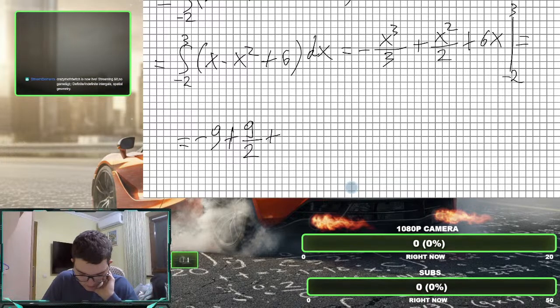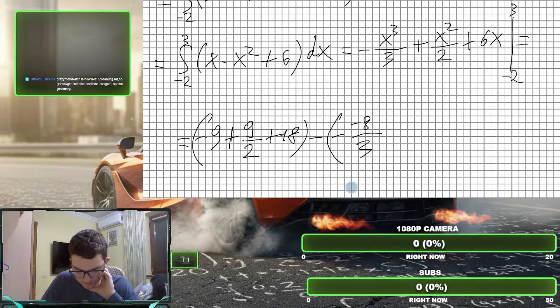There it's plus 18. And all of this minus there, once again a minus. So minus again there, minus 8, right? And divided by 3, plus this power of 2, that's 4, and divided by 2 is just 2, and there it's minus 12.